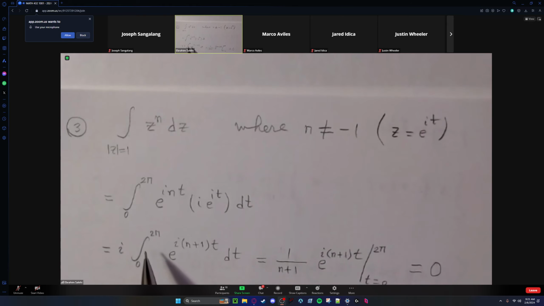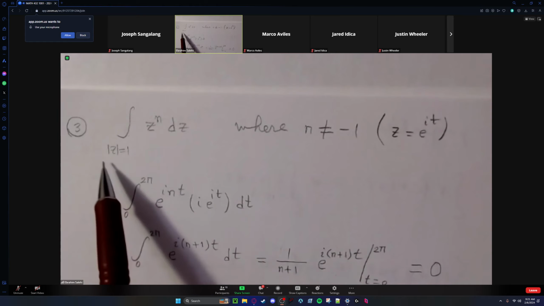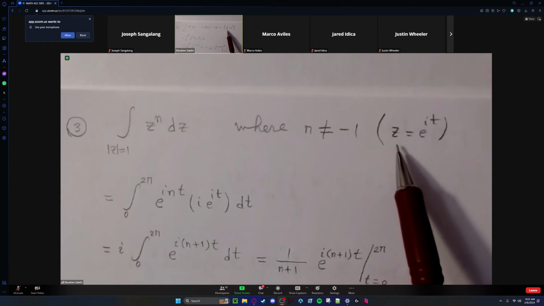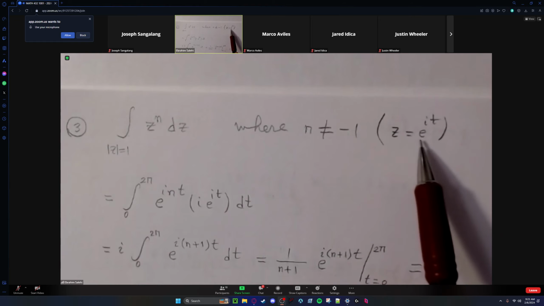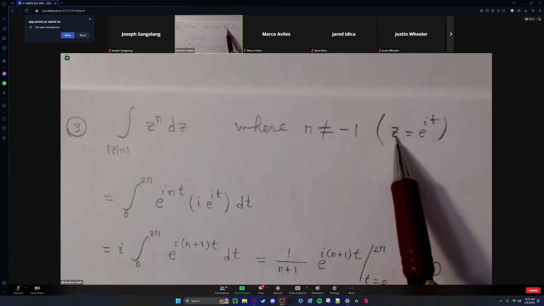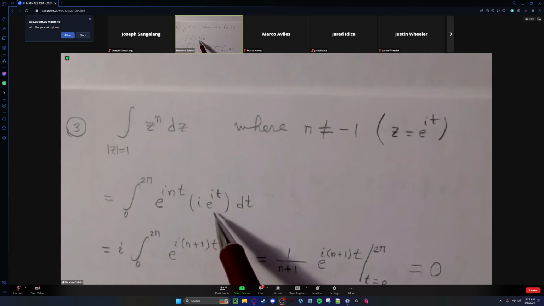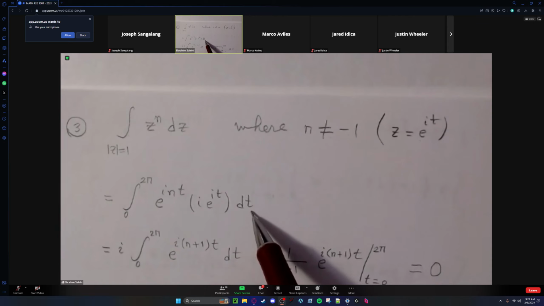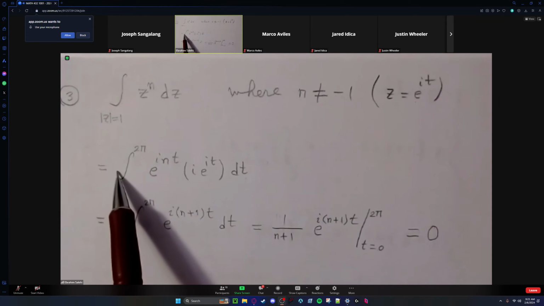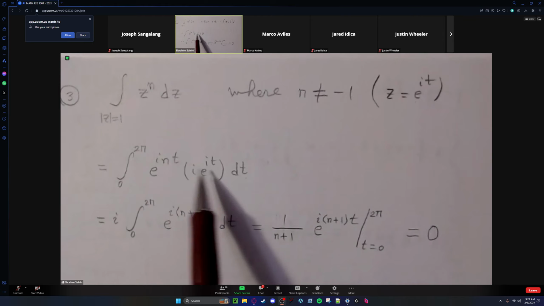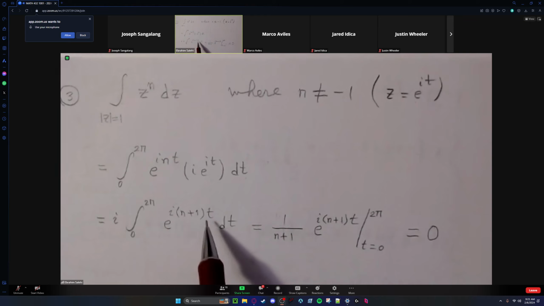So in this case, again, I'm integrating over this unit circle. And this is the parameterization of the unit circle. So you replace z by e to the it, times z prime dt. Well, this i is a constant, you can pull it out. And here you get e to the i, just add the exponents, (n plus 1) t.